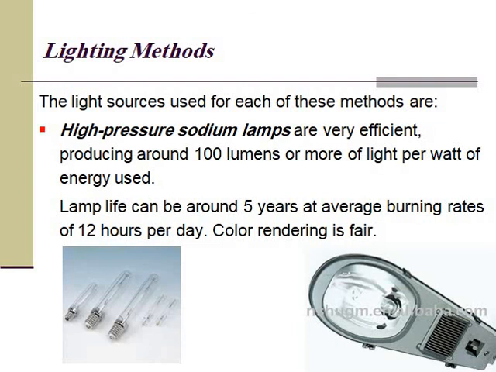On the other hand, the high pressure sodium lamps are very efficient and produce around 100 lumens or more of light per watt of energy used, and the life of the lamp can be around 5 years at average burning rates of 12 hours per day, but the color rendering is fair.